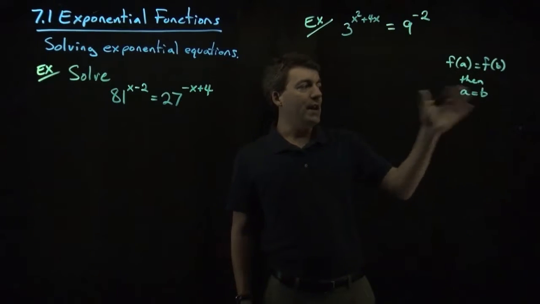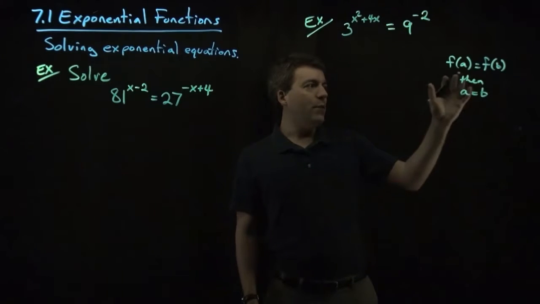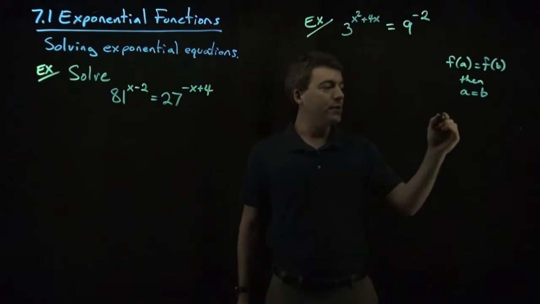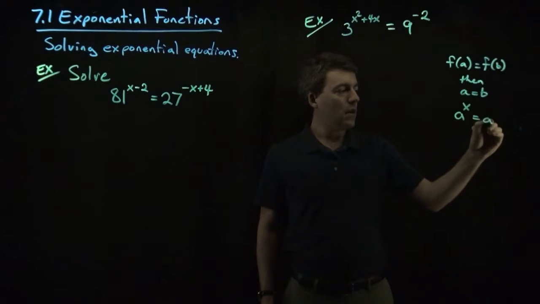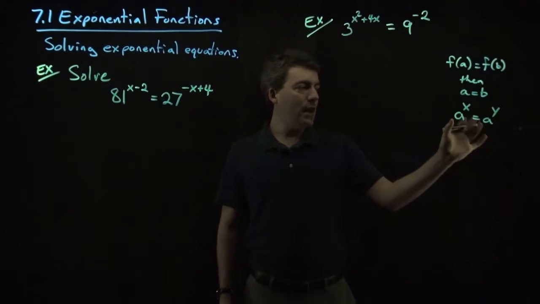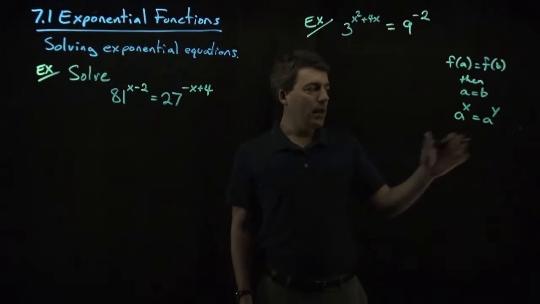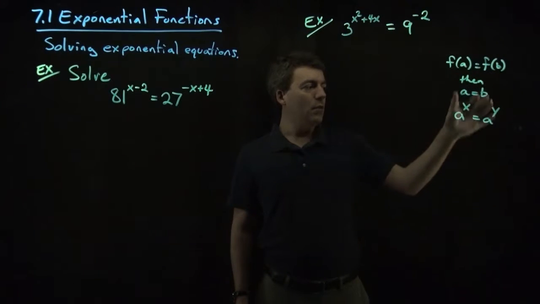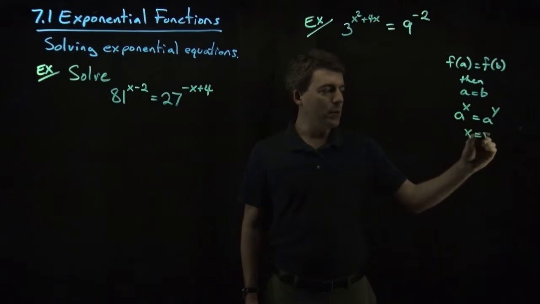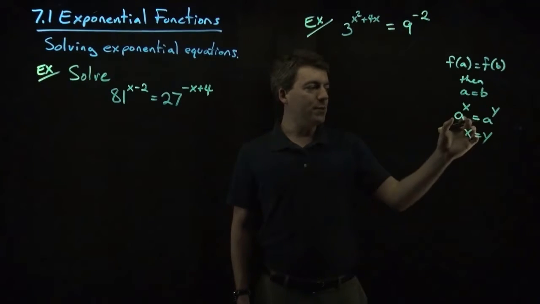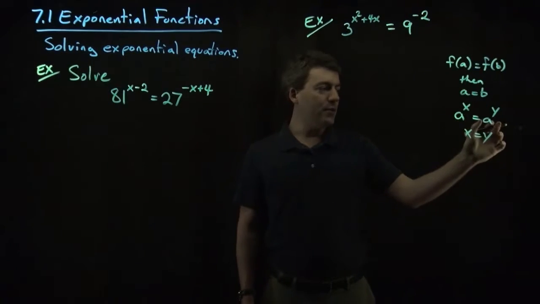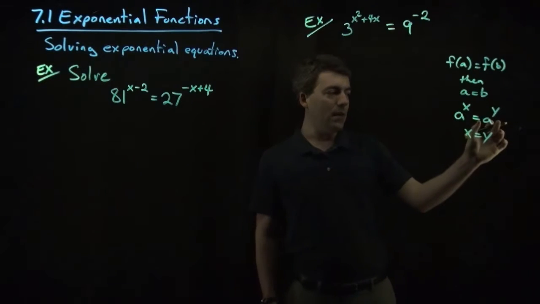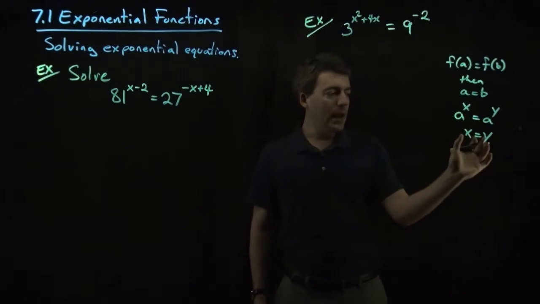Anyway, if a function has this property, especially exponentials, and we have a situation like a to the x equal to a to the y, then we can immediately write x equals y. Because if this statement says that the outputs from this exponential are equal for both a to the x and a to the y, therefore x equals y.